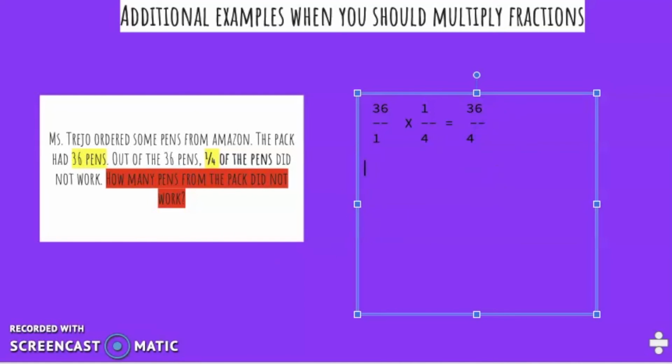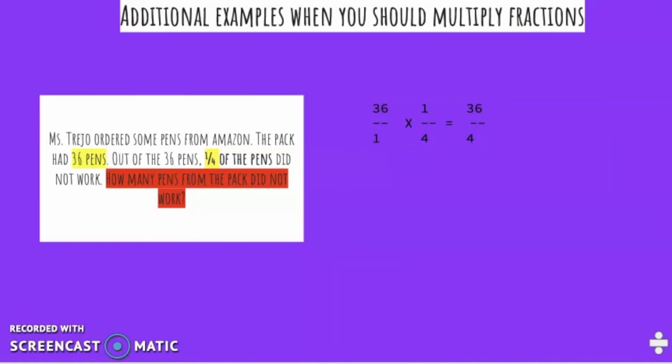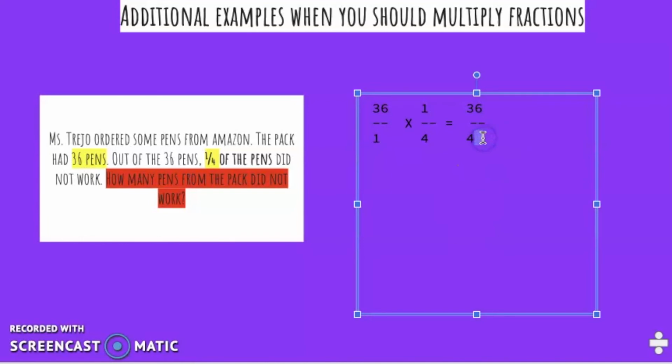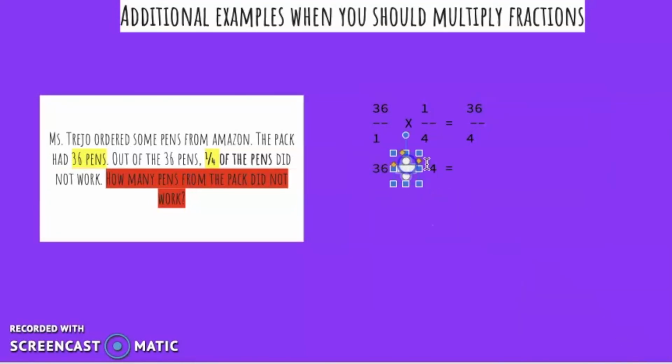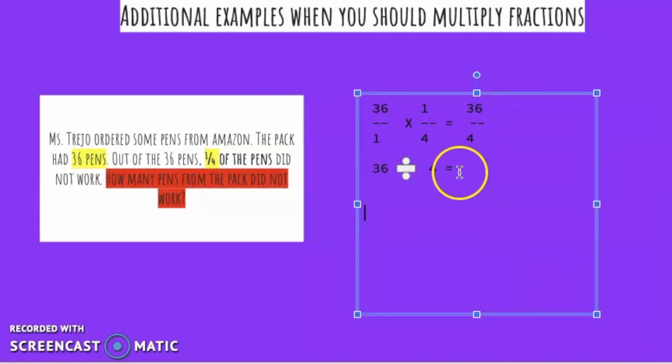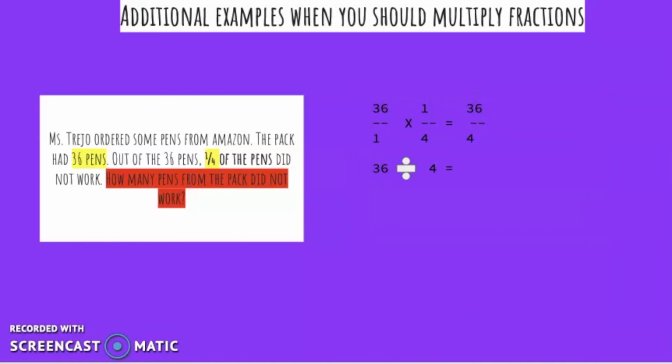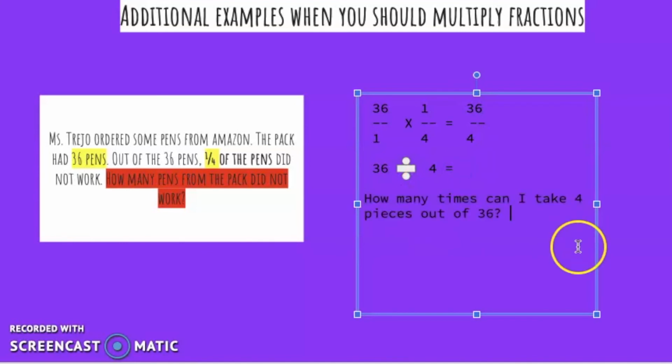So in order to simplify this improper fraction, I'm going to have to divide. And what am I going to divide? Well, I'm going to divide 36 by 4. So I want to know how many times I can take 4 pieces out of 36. In order to complete my division problem, I'm going to have to do my T-chart, just like I did in the previous problems.